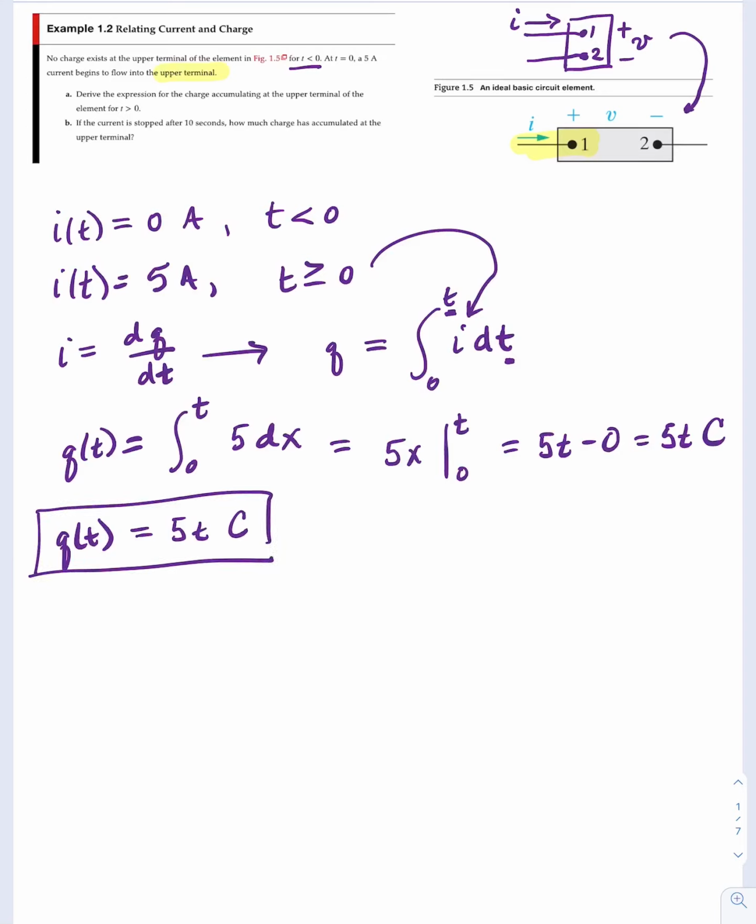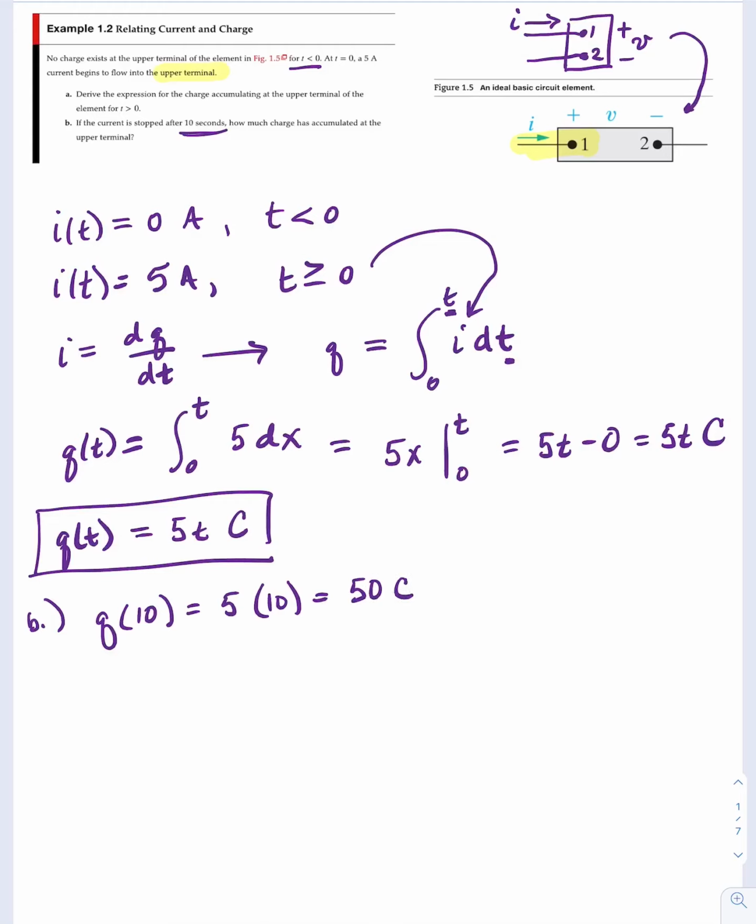Okay, in part B, if the current is stopped after 10 seconds, how much charge has accumulated? All right, so now q of t at 10 seconds would be 5 times 10, which is 50 coulombs.